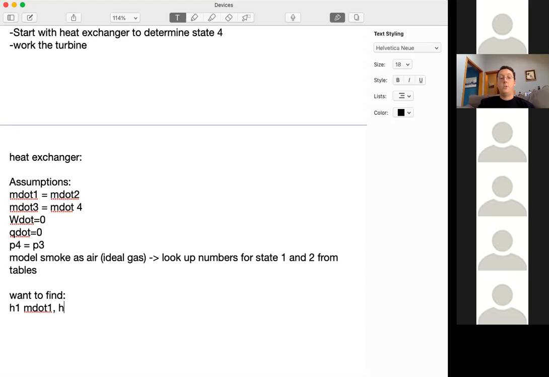Then you have to look up H2 from the table. m dot 2 is the same as m dot 1. We'll need to look up H3 from the water tables for water.